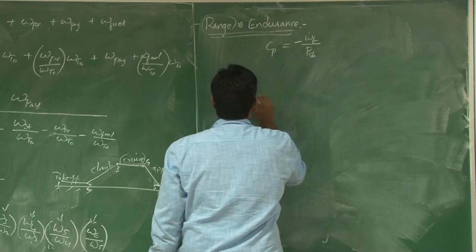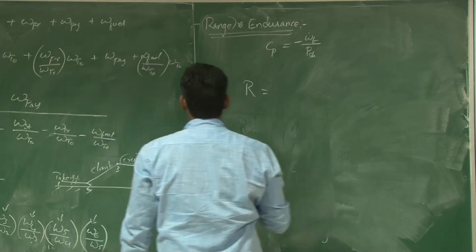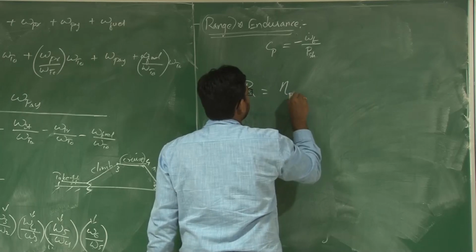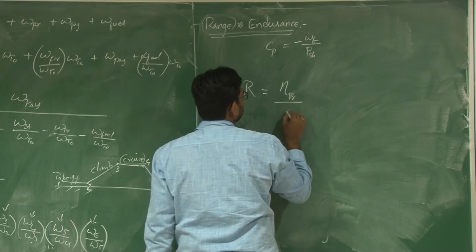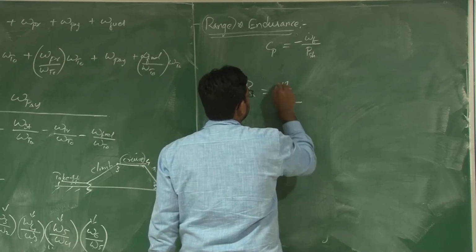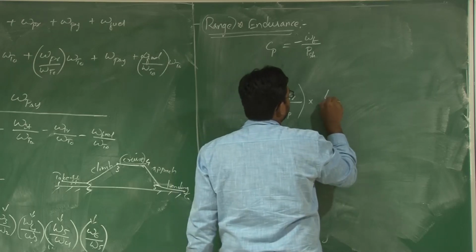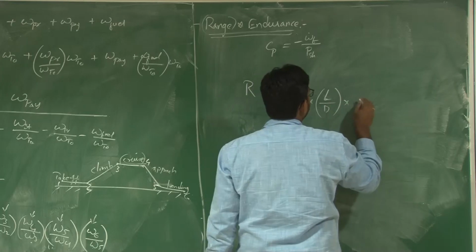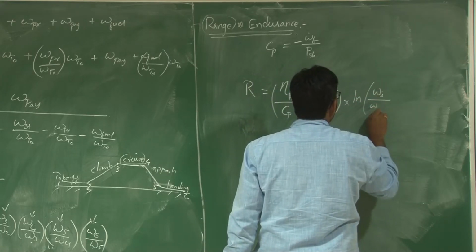And we witnessed that the range for this propeller driven UAV is given by eta propeller by Cp into L by D into ln of Wi by Wi plus 1.